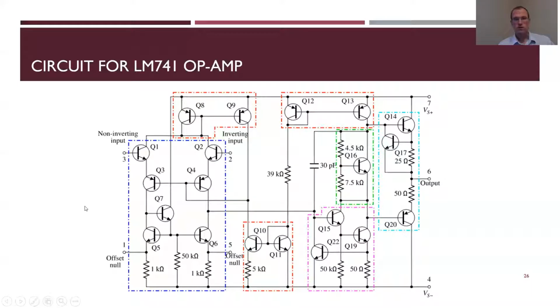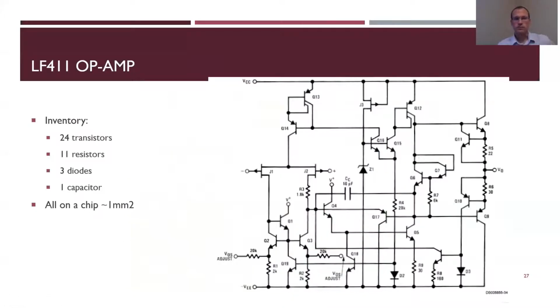That's everything that's involved. Here's another one. This one has some diodes, resistors, transistors, and a capacitor as well. Again, these things are very small, roughly a 1 square millimeter chip, and it has all this stuff on it.